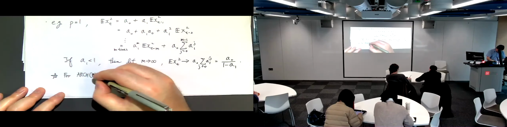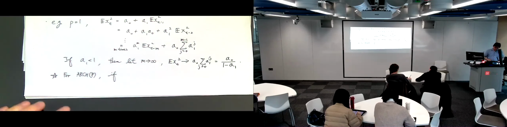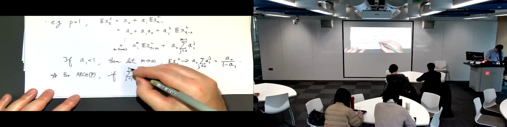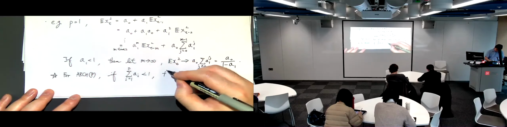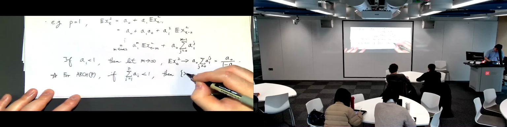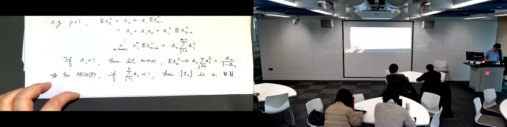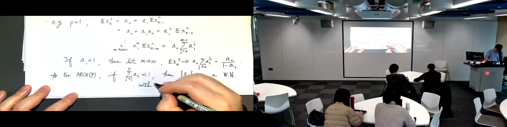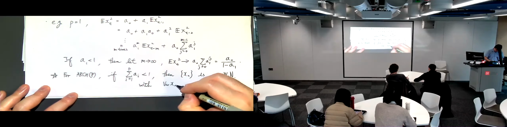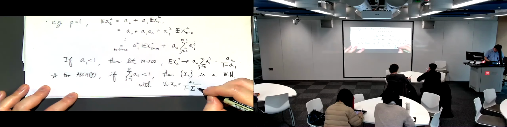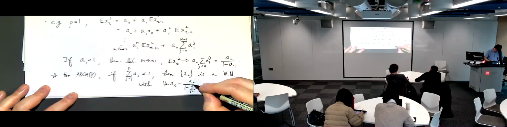And in general, for ARCH p, if the sum of the ai, i from 1 to p, is less than 1, then xt is actually a white noise. Of course, that implies that xt is stationary. It's a white noise with variance of xt equal to a0 divided by 1 minus the sum of the ai from 1 to p. So that's the variance.